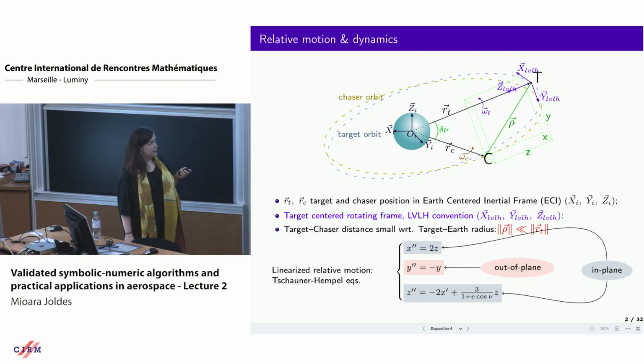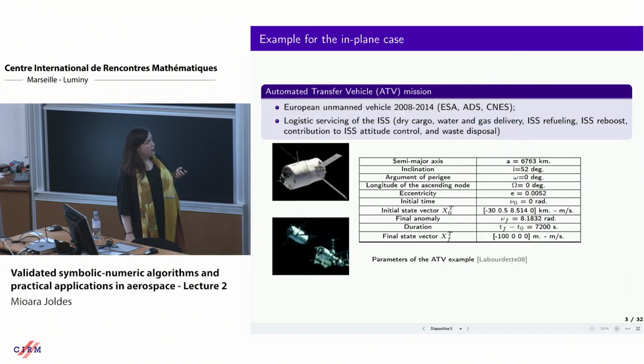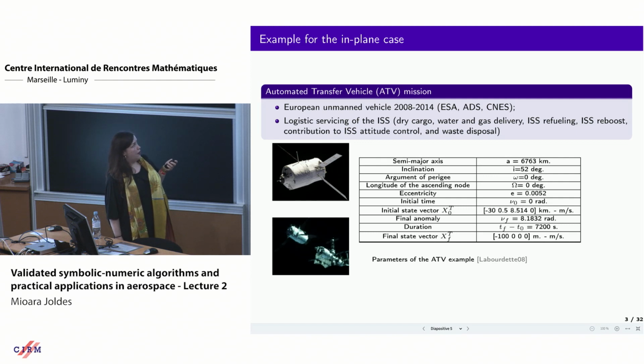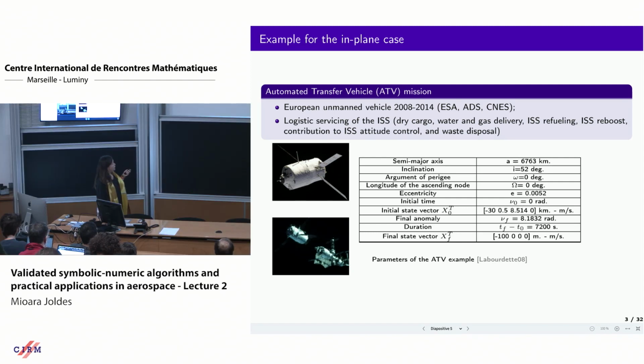So once we have this uncontrolled dynamics, we add a control. What I showed here is just an example of such a rendezvous. So the required position and velocity. You know the initial state vector, so you have position, velocity in plane, and also the final state vector, and the duration of the rendezvous, and the eccentricity of the orbit, and so on.